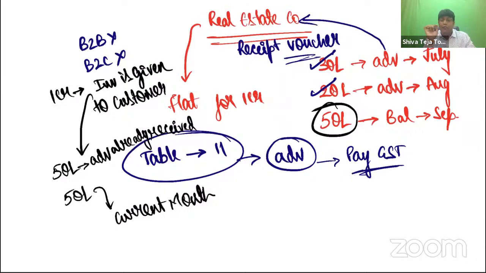Please understand, if even 1 rupee of advance is received prior to completion, then GST will apply on the entire value of sale of the flat. Only if the entire amount is received after completion will GST not apply. And we will pay GST as and when the amount is received. That you need not worry. Clear? Yeah, next. Let's proceed.